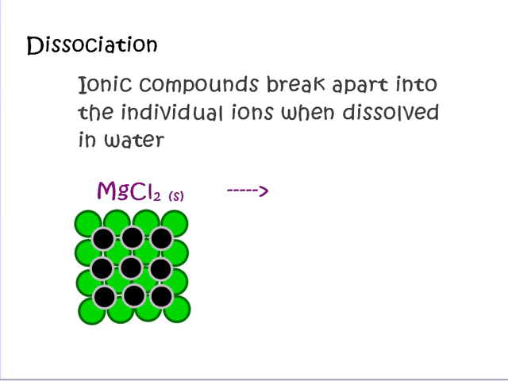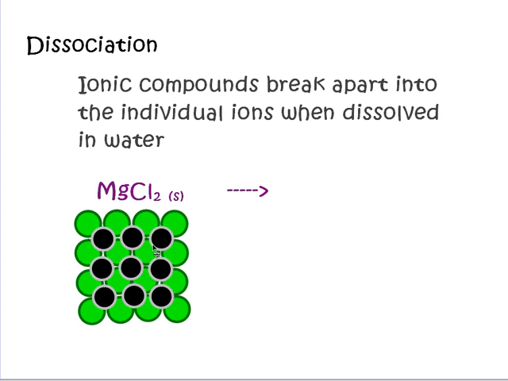Now here I have some magnesium chloride. I'm using the black to represent the magnesiums and the green to represent the chlorines. This is how it normally looks as a solid, in a crystal lattice arrangement. Positive, negative, positive, negative. That's how it's stuck together with electrostatic attraction.